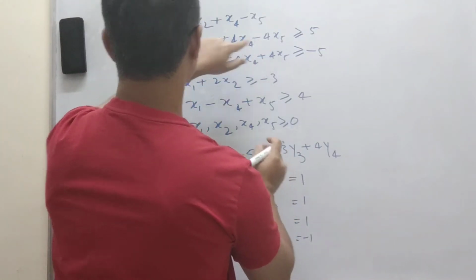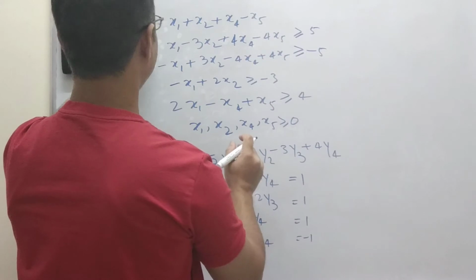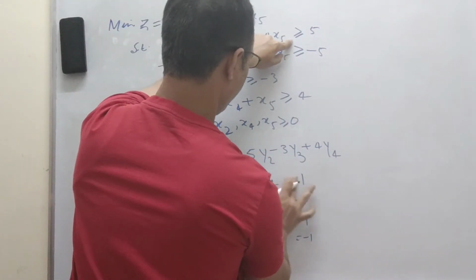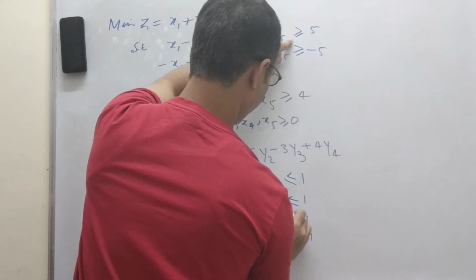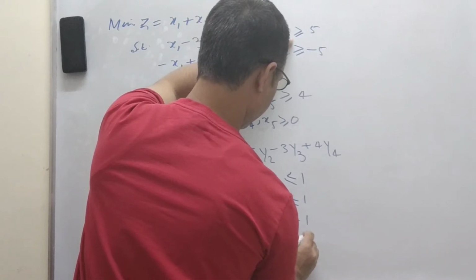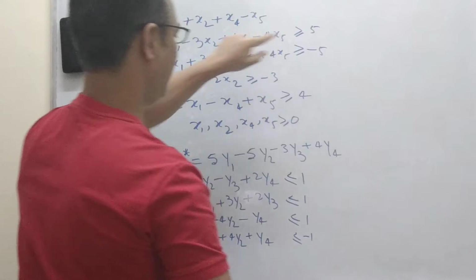and now here the condition, because the condition was greater than or equal to, so for maximization this condition will get changed into the form of less than or equal to.